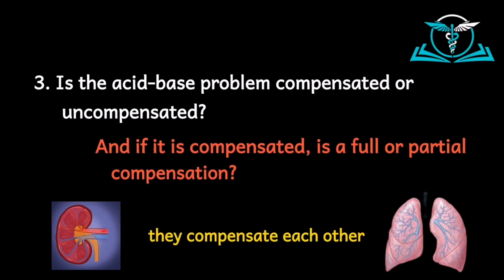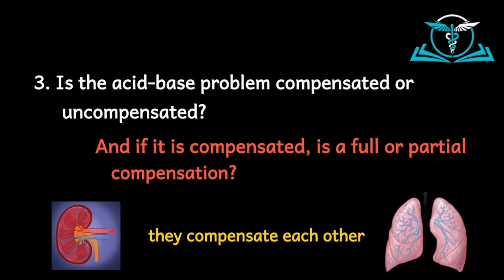What I mean to say is that if the problem is a respiratory acid-base problem, then you would expect the renal system to compensate. And vice versa, if the problem is a metabolic problem, then you would expect the respiratory system to compensate.